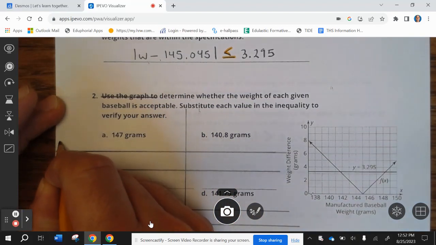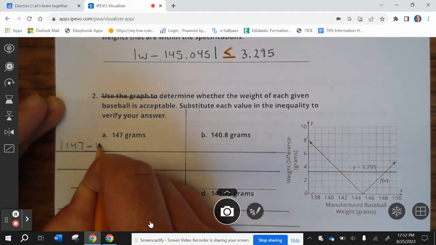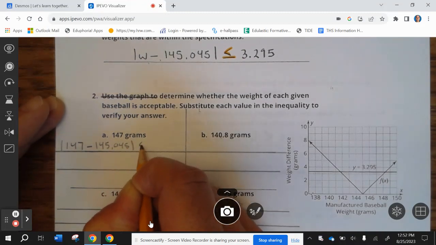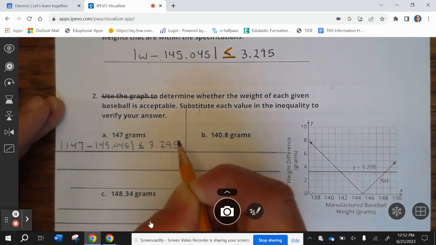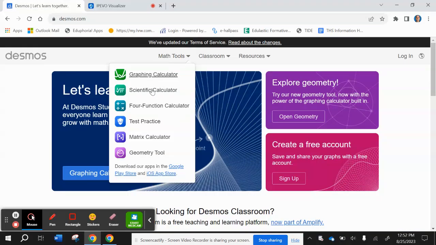So we're going to do the absolute value of 147 minus 145.045 less than or equal to 3.295. All right, so let's go ahead and go to the scientific calculator.